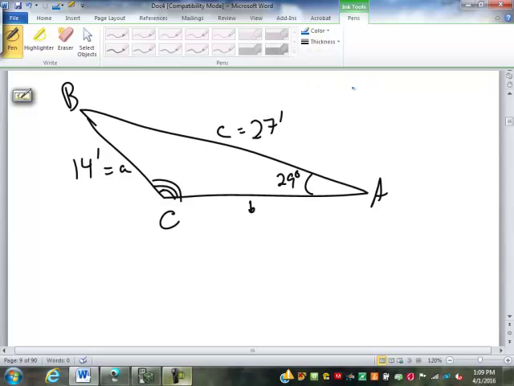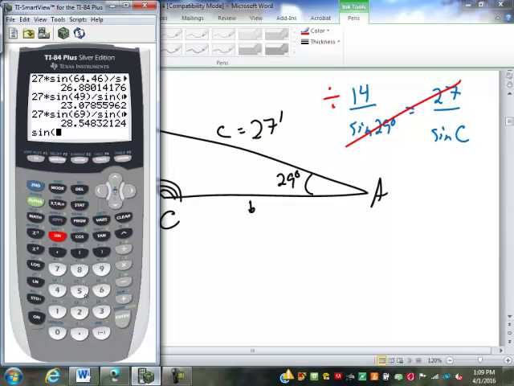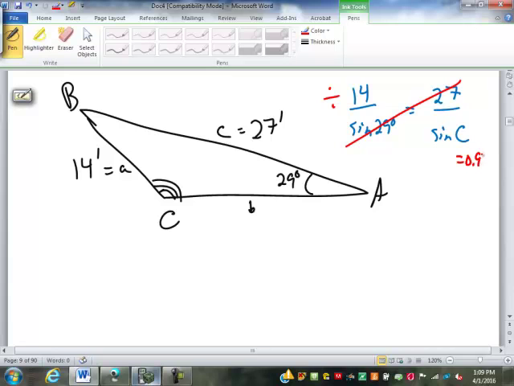Well, we have 14 over the sine of 29 degrees equals 27 over the sine of C. I'm going to cross multiply and divide: sine of 29 times 27 divided by 14. 0.93498, so 0.9350 equals the sine of C.